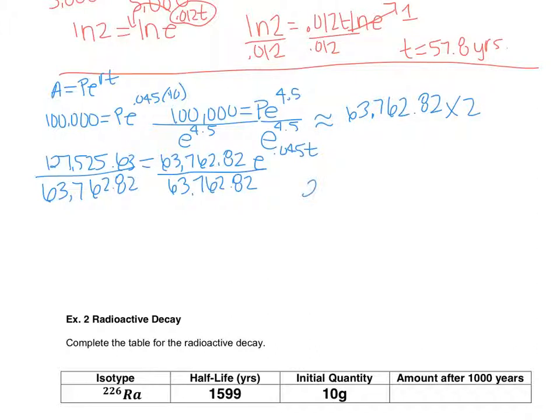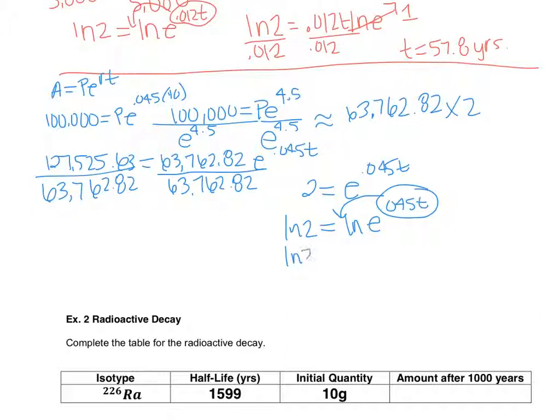So we've got 2 equals e to the 0.045t. Take the natural log of both sides. ln of 2 equals ln of e to the 0.045t. Drop that down in front.